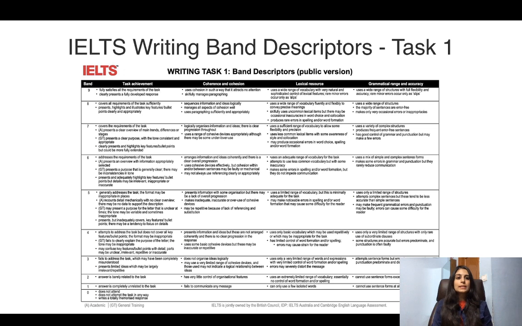Next up is lexical resources. The 9 band descriptor says you use a wide range of vocabulary with very natural and sophisticated control of lexical features. Rare minor errors occur only as slips. If you notice here, they say rare minor errors occur only as slips.